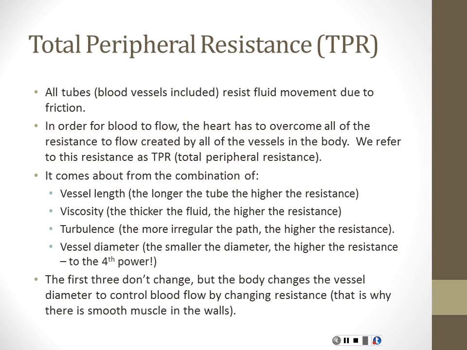We call it peripheral because it happens not in the big vessels in the center part of the body, but in all the little vessels that are going into the capillary beds of the body. Okay, so it's most of the resistance to flow in our cardiovascular circuit is found in the periphery of the body, out in the edges.